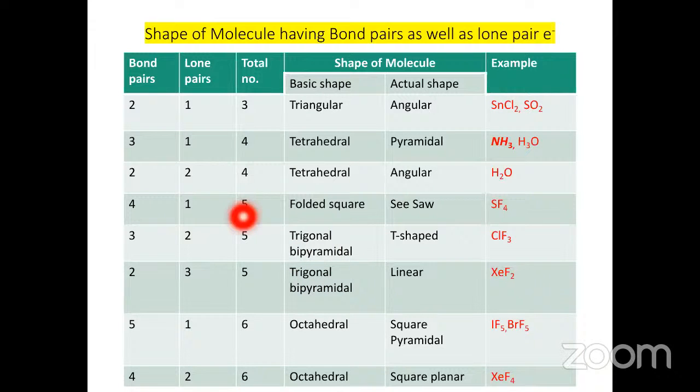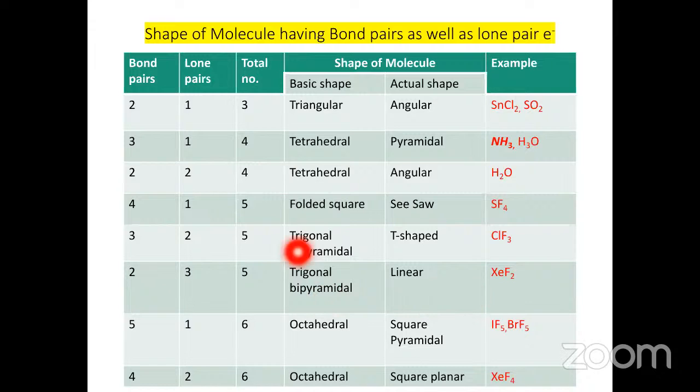But it has 3 lone pairs along with 2 bond pairs, so the shape changes to linear. Here, if all 6 electron pairs are bond pairs, then the shape is octahedral. But here it has one lone pair along with 5 bond pairs, so the shape changes to square pyramidal.